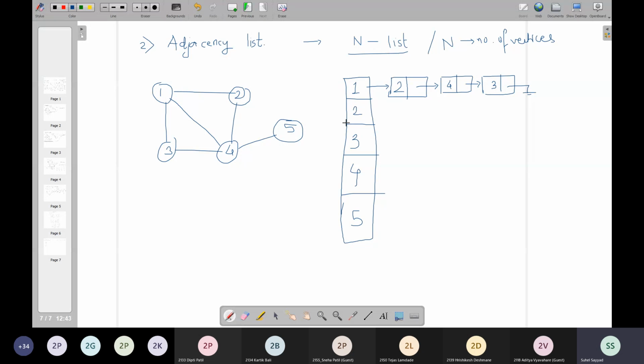Now, what are the adjacent vertices of 2? I'll have a linked list of 2. The adjacent vertices of 2 are 1 and 4, so I'm storing 1 and 4 in this linked list. Is it understood, my dear students? Which are the adjacent vertices of 3? 1 and 4.